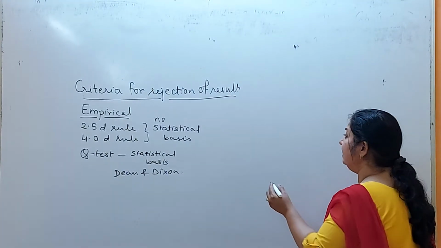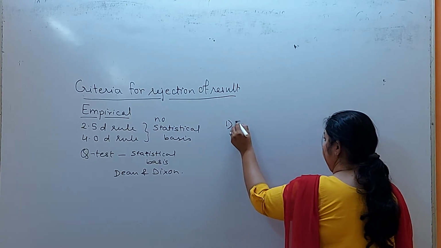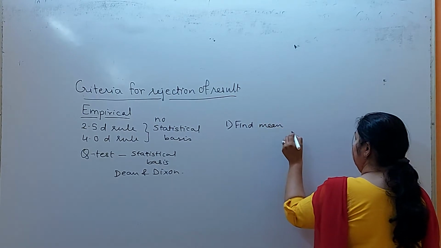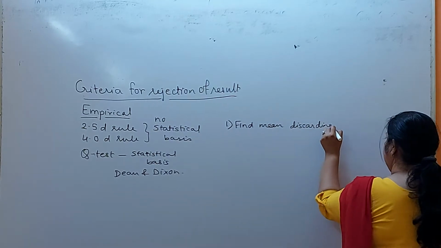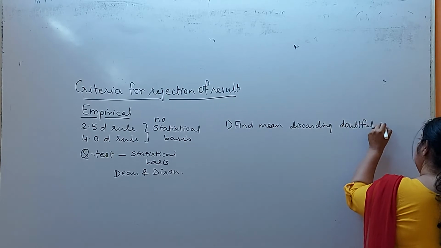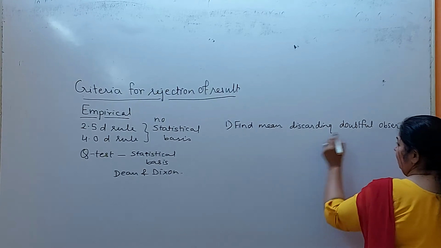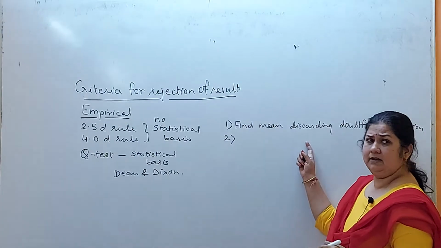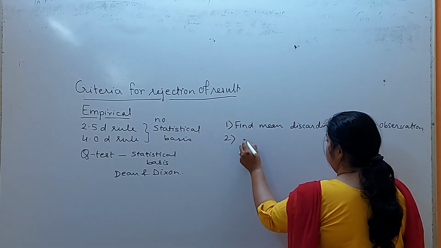First of all, find the mean discarding the doubtful observation. Then using this mean, you can calculate the average deviation.